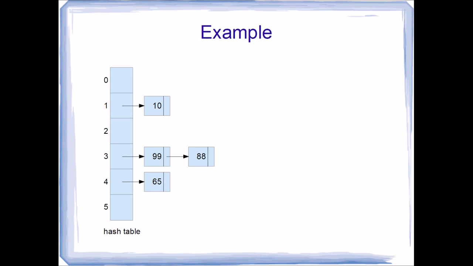Now let us assume that we have another key, 77, and our hash function indicates that we should store it in element 3. Well, again, what do we do to resolve this collision? We simply append it to the linked list.